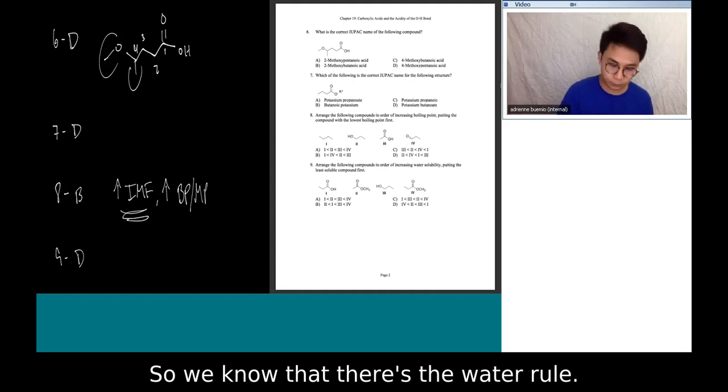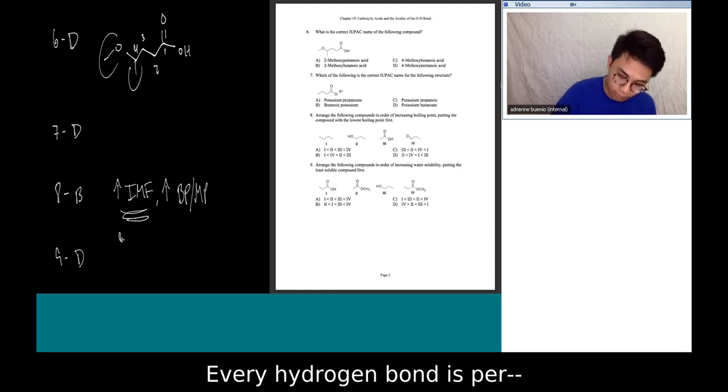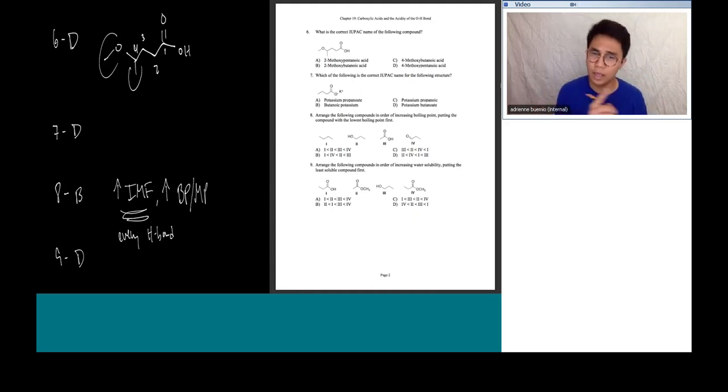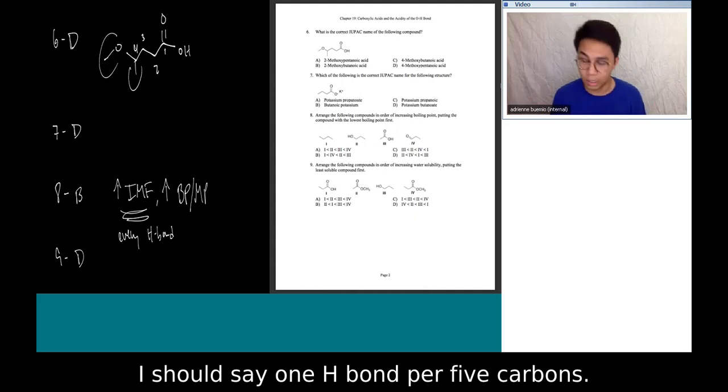So we know there's the water rule: one H bond per 5 carbons.